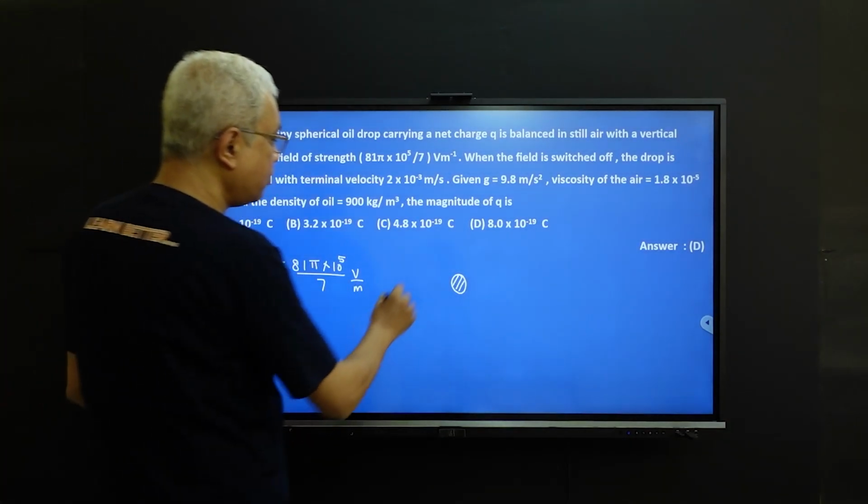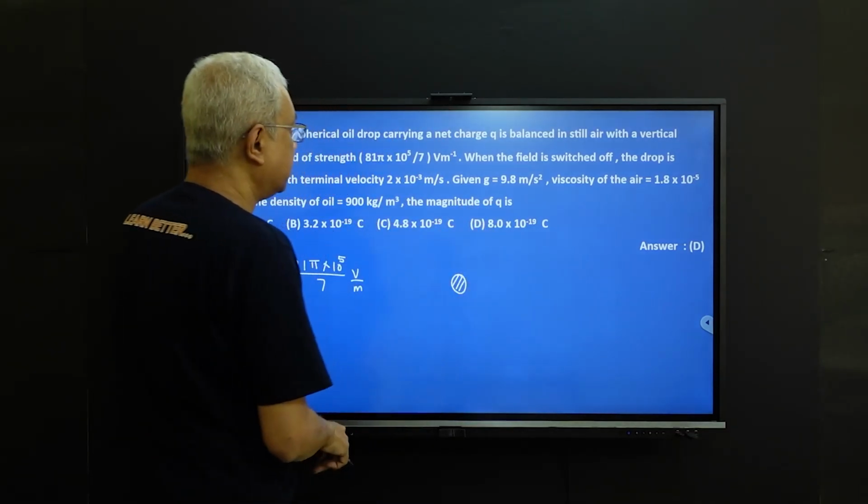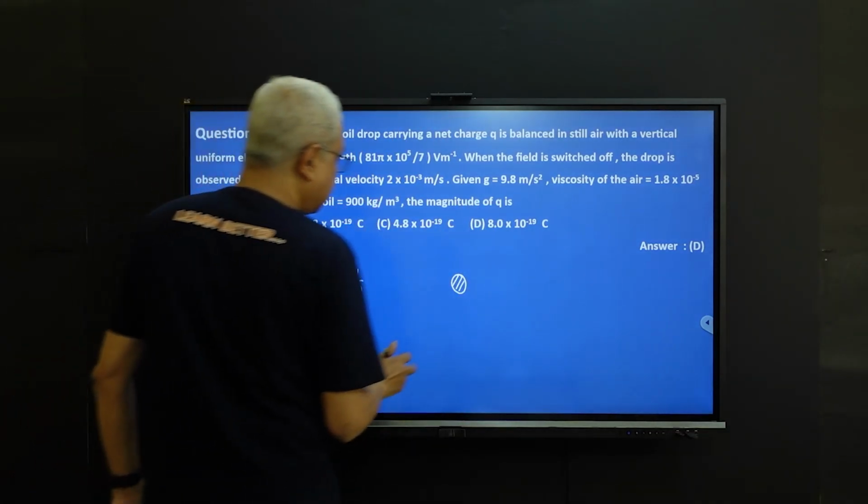Now this oil drop is in air, balanced in still air.